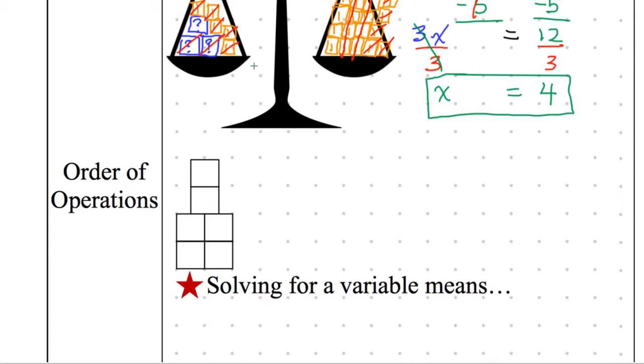Do we remember what that acronym is? PEMDAS, yeah. P-E-M-D-A-S. Please excuse my dear Aunt Sally, as it's commonly taught in elementary school. We just call it order of operations, and PEMDAS is a great acronym to remember that.